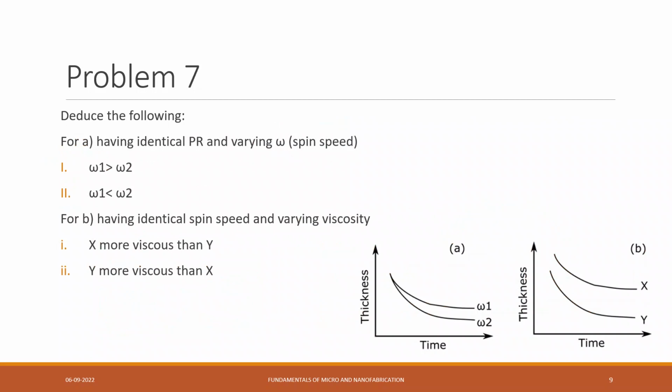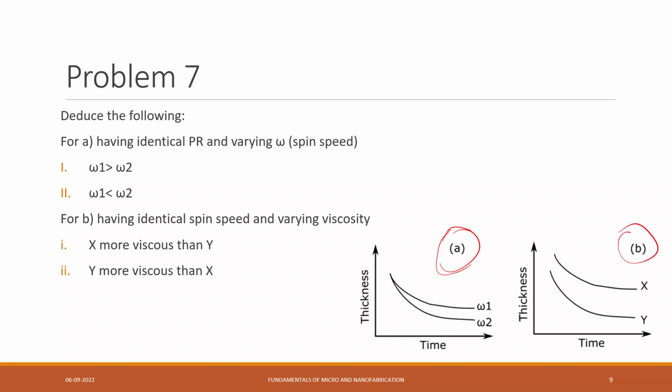This question is about spin coating, which we use for spreading the photoresist on a wafer. There are two conditions, A and B. In A we are using identical photoresist, but the spin speeds are varying.